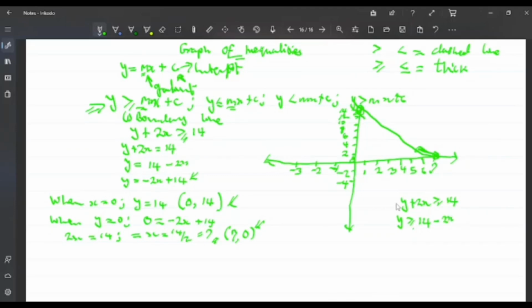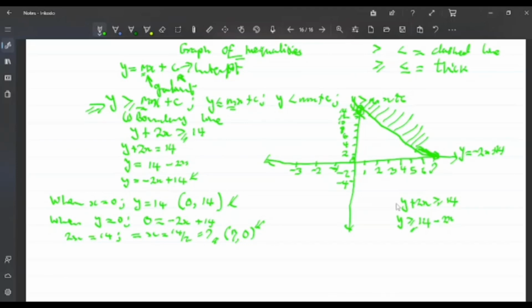Since it's greater than, it is the region above the boundary line that satisfies the inequality. So everything above this line, the line y equals minus 2x plus 14 that we have drawn, is shaded.